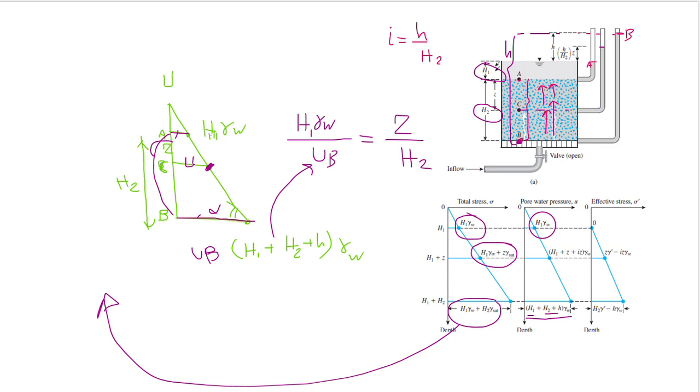Then if it is UC here, another relation you can write is UC divided by UB equals Z divided by H2.